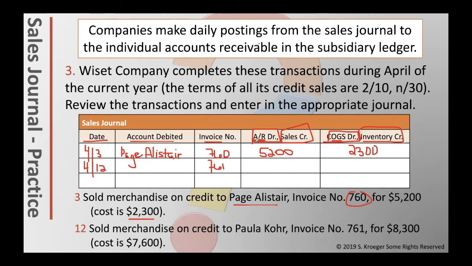The accounts receivable debit and sales credit, that was the sale portion. That's the 8,300. The cost of goods sold debit and inventory credit was the cost to us, which is 7,600. And we just have to put the amount like that, making this journal entry so much easier to do. The account debited, who's the person, it would be Paula Core.